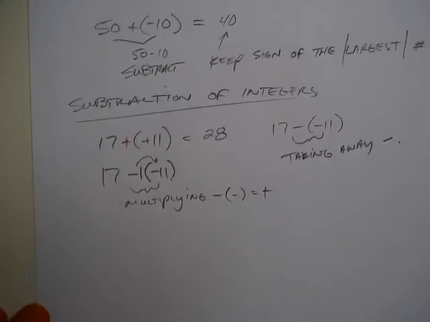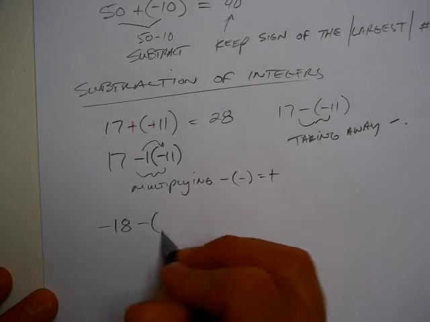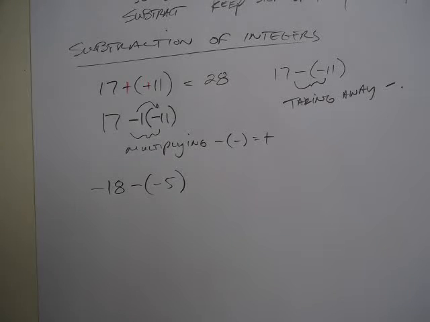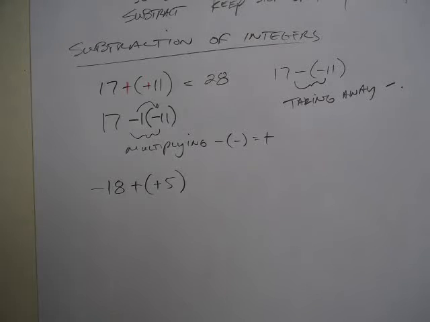Okay. How about this? Aaron? What do I need to do here? Okay. So change the signs, yeah? Yeah. Okay. But I'm adding 5 to a negative number. Is that going to add or subtract? Right. Because now the signs are opposites.